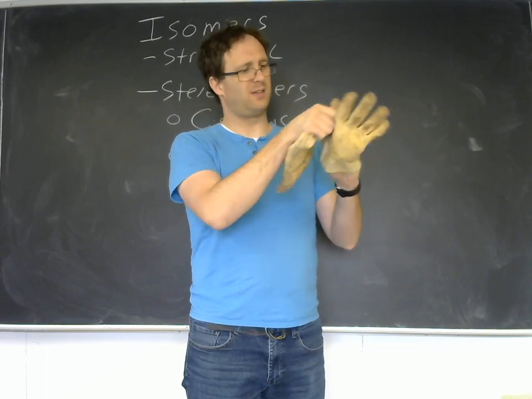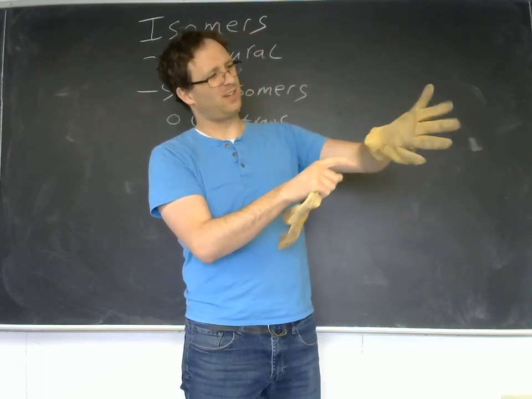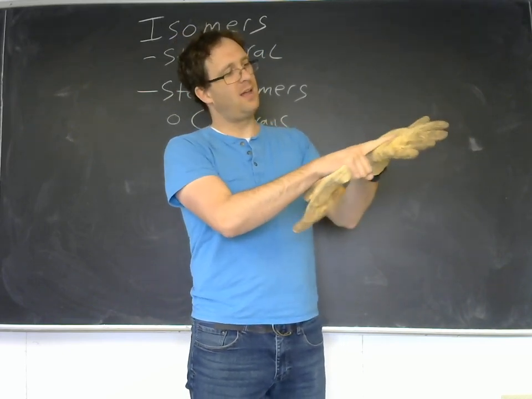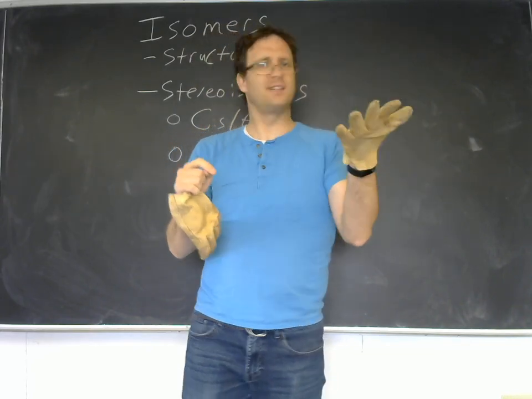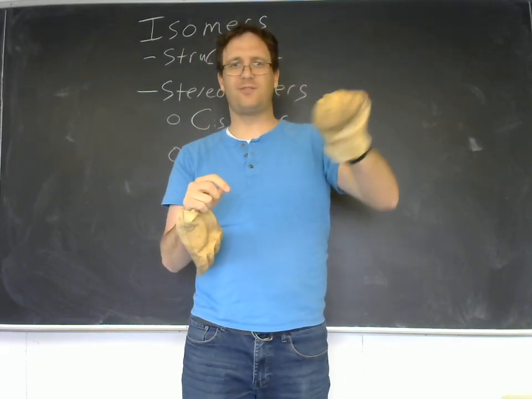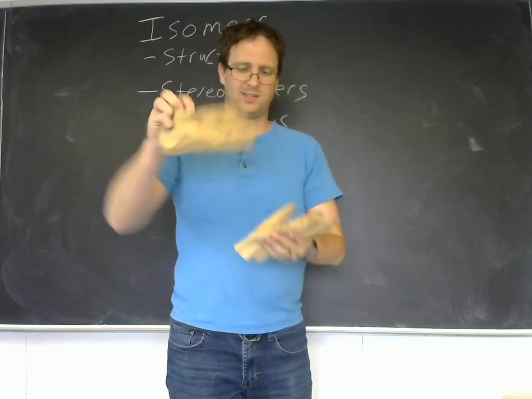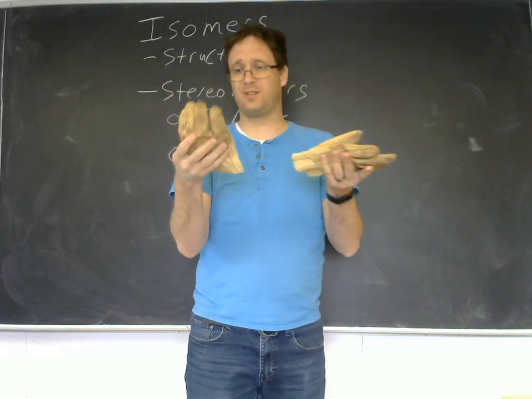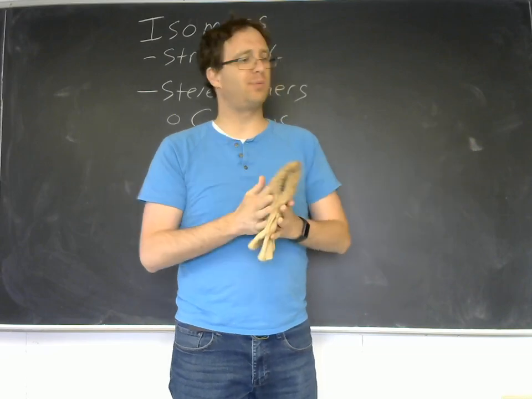Well, I could fix that, I guess, and flip it around, but now it's really uncomfortable because the palm of the glove is on the back of my hand and the back of the glove is on the palm of my hand. So right-handed gloves don't fit on left hands. Left-handed gloves don't fit on right hands, even though you'd be hard-pressed to say what the difference is between them. They've both got thumbs and fingers in all the right places.